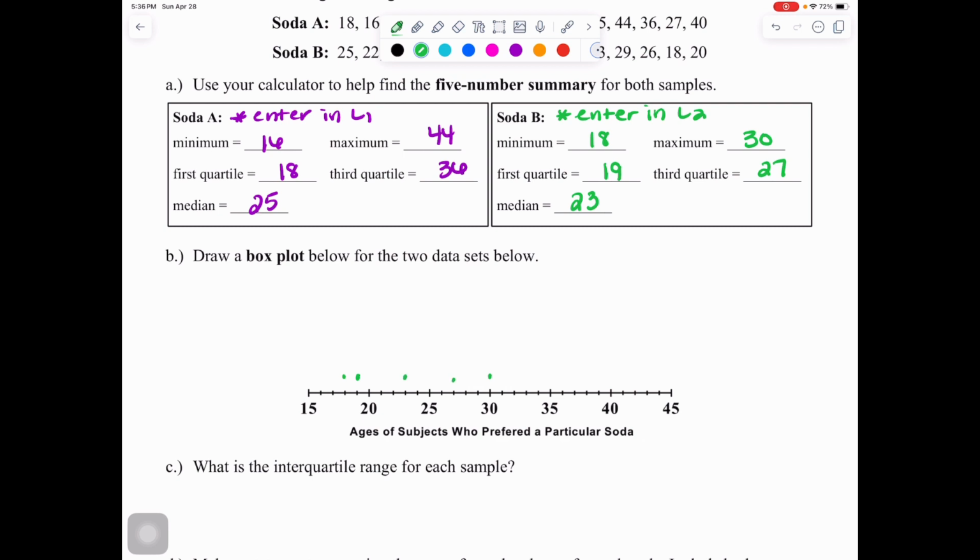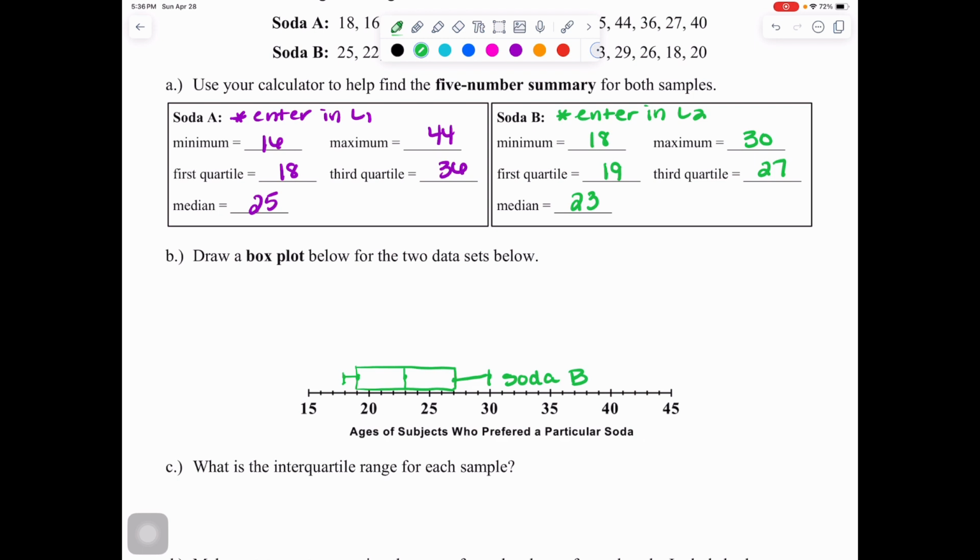So the way you make a box plot is that you are going to make tails on both ends. The ends should be tails. And then the middle 3 data points are connected in a box. And then you draw a vertical line down where the median is. And we're going to label that with soda B.